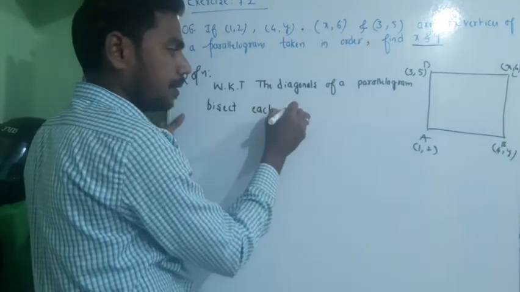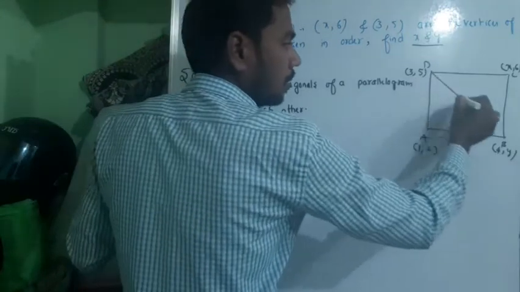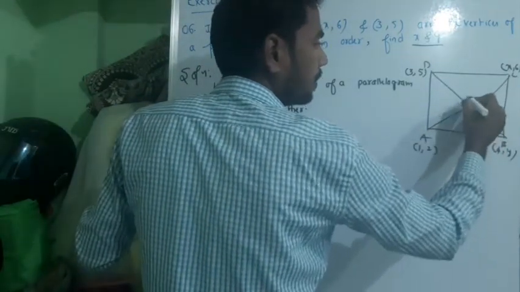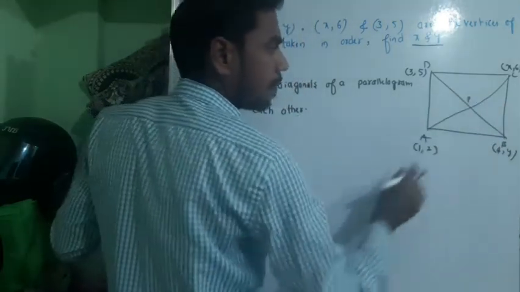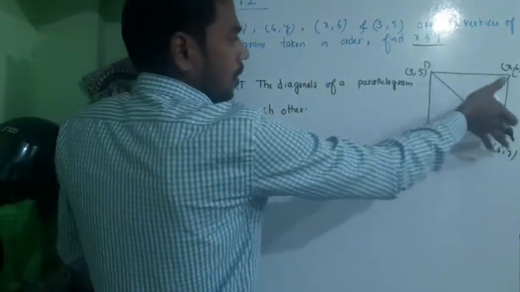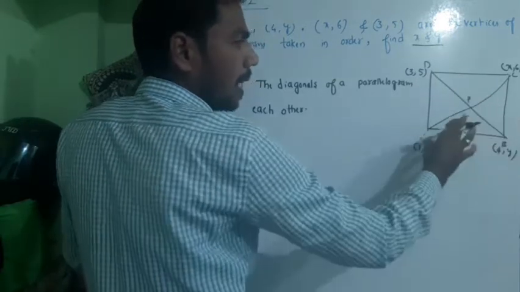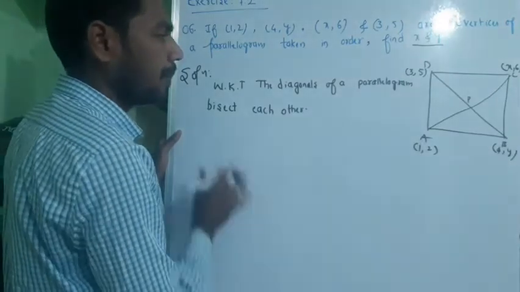Fine. Now, this is one diagonal, this is the other diagonal, this is the point. So they are going to bisect each other. Okay. Now, bisect each other means DP is equal to PB, AP is equal to PC. Yes. Now we are going to make use of that.